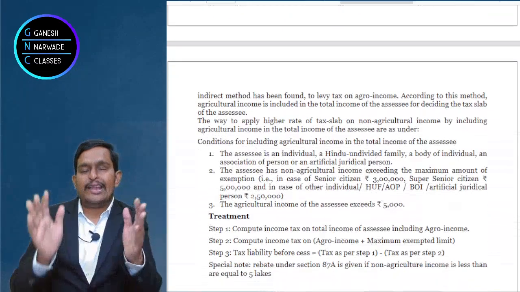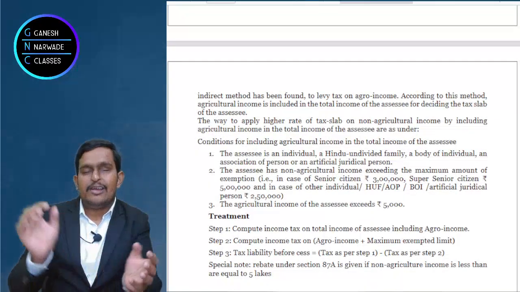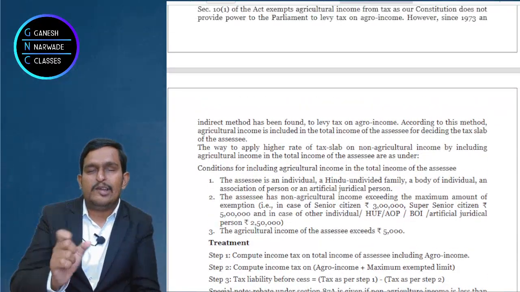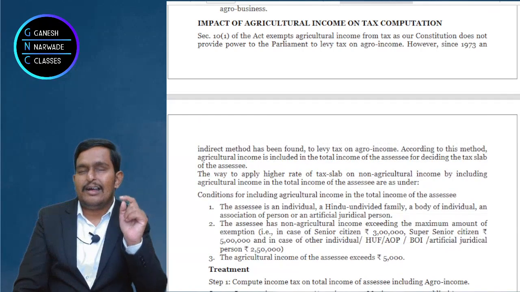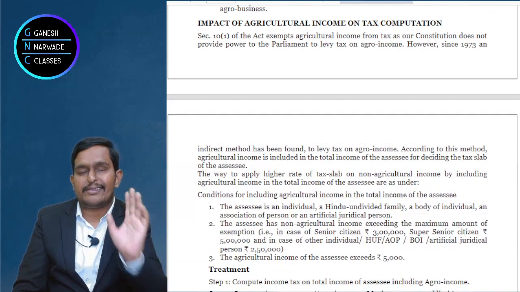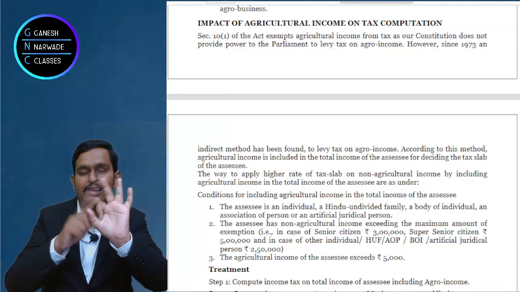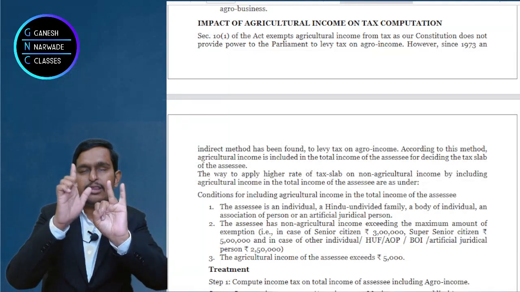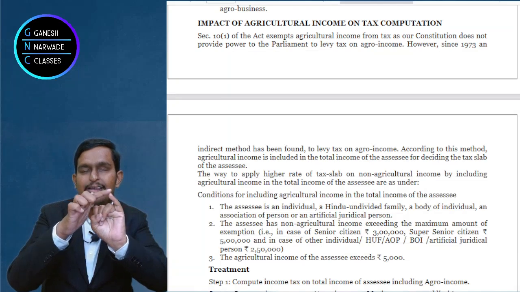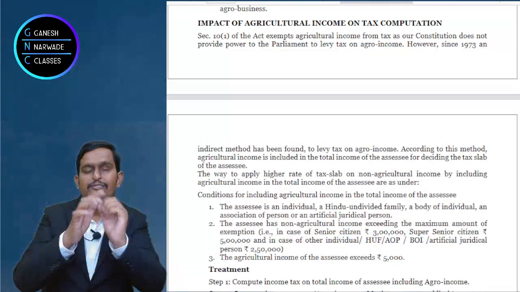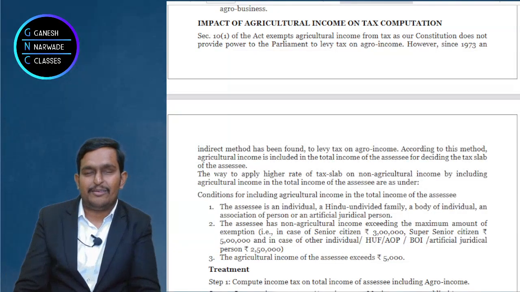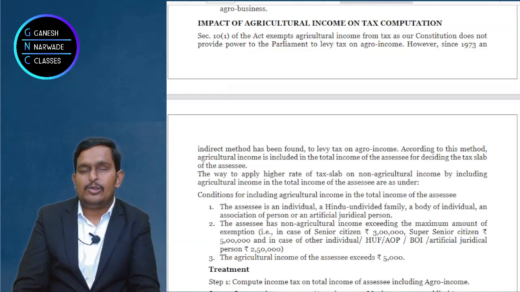You should be either an individual, HUF, association of persons, body of individuals, or an artificial juridical person. Only 5 entities. If you are among any of these 5, then you may be subject to these provisions.